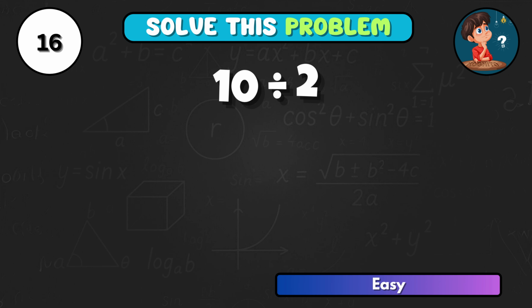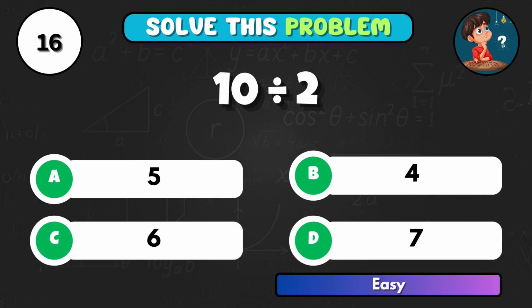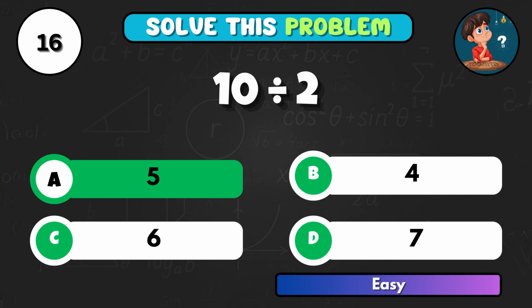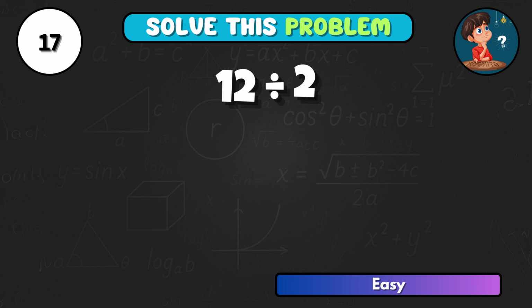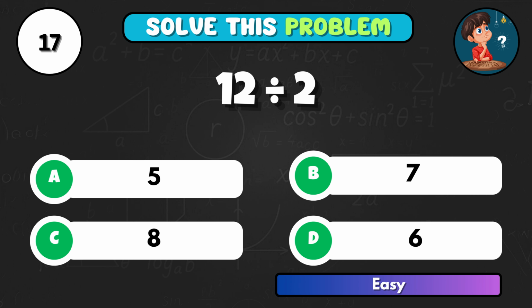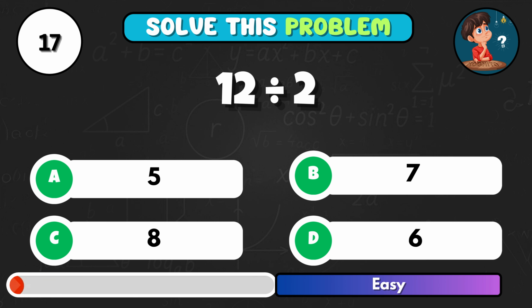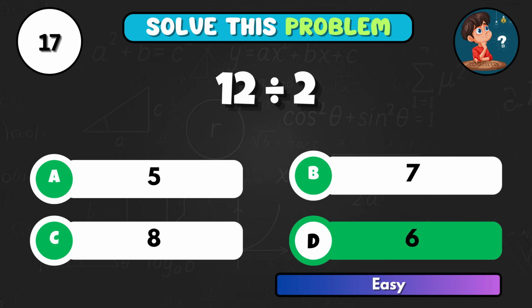Ten divided by 2 is equal to? That equals A, 5. How about 12 divided by 2? Well, what's the result? The correct result is D, 6.